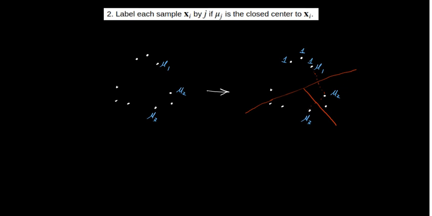So you will see a partition of the space, realizing that for this point, it is not so close to mu2. It is closer to mu1, right? And meanwhile, it is also closer to mu3, right?